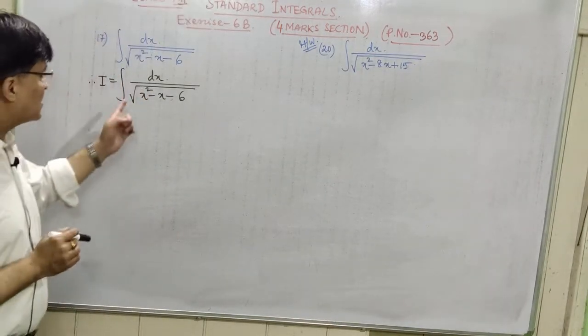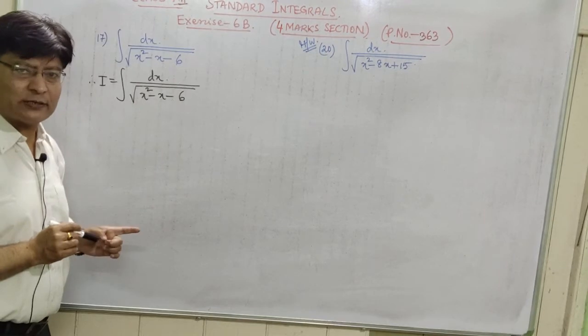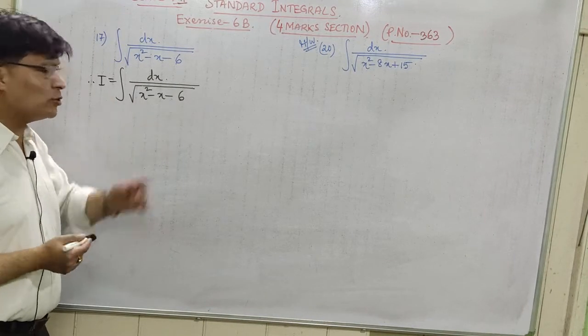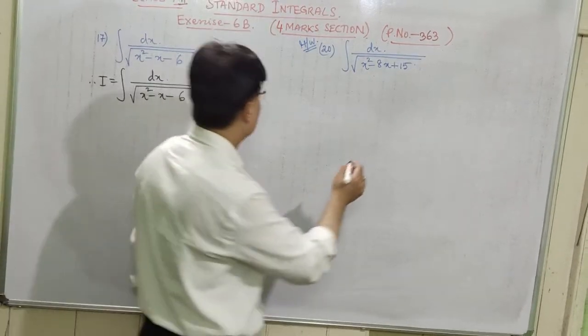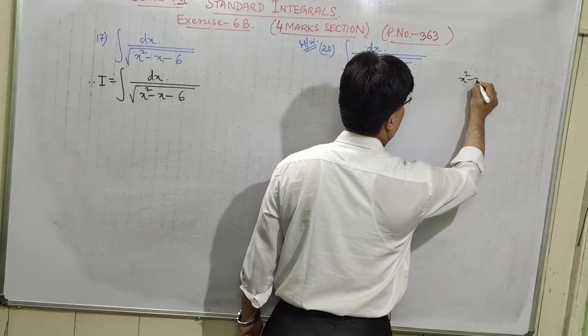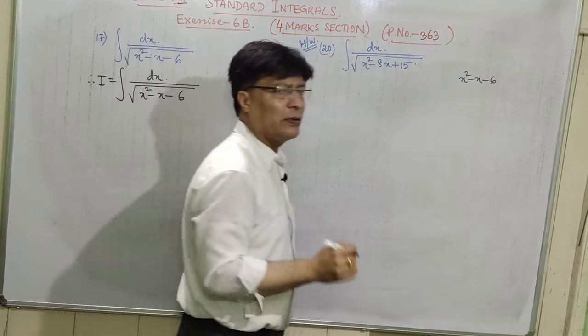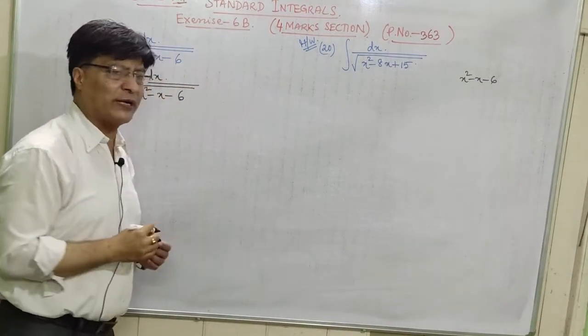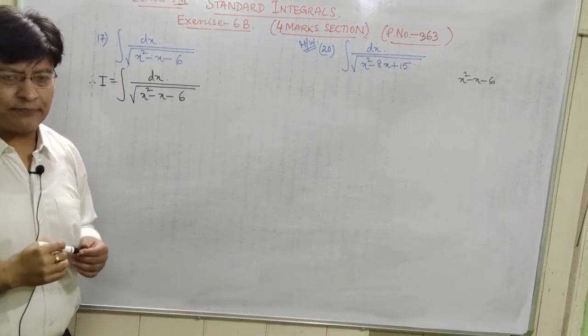Can you factorize this given expression x square minus x minus 6? Yes, we can do the middle term breaking here. So let us do the middle term breaking while factorizing it.